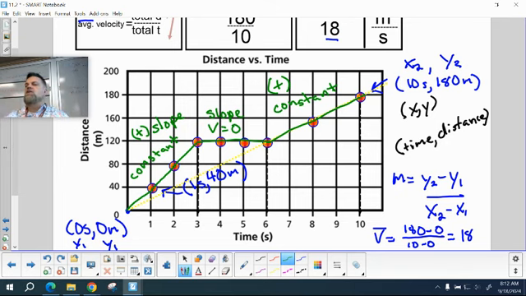If I'm going this way at a constant speed, and then all of a sudden I reverse and go back this way, you'll have a negative slope or a negative velocity. You're going back, because we're measuring the distance from some starting point. To have a negative slope, you're going to go back towards the original distance, or go backwards, basically. Does anybody have any questions about that? Okay.